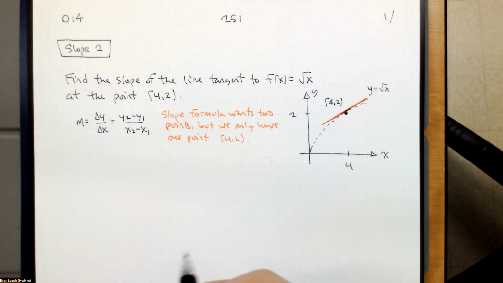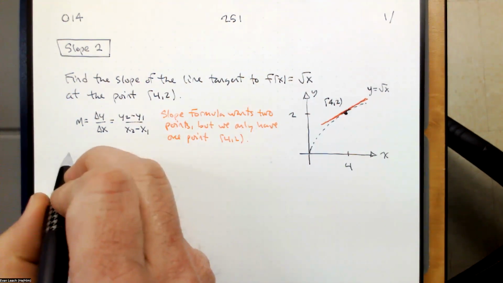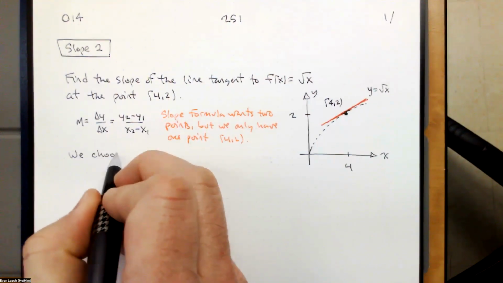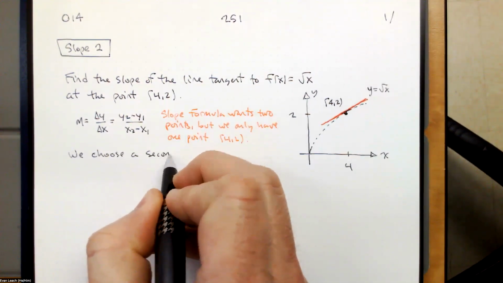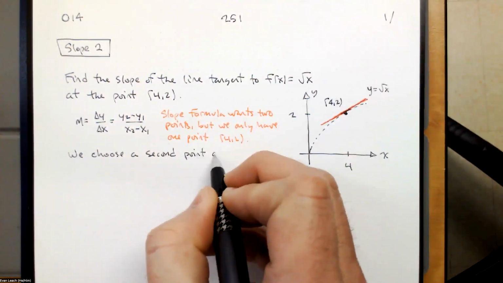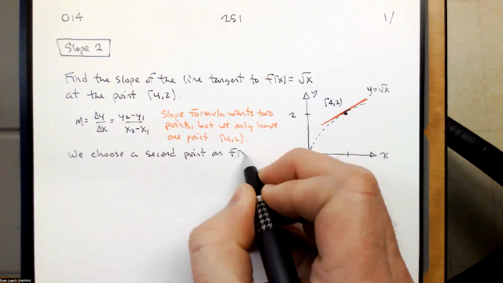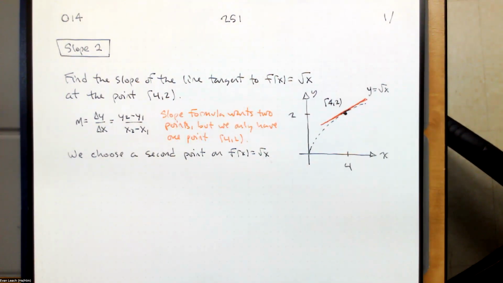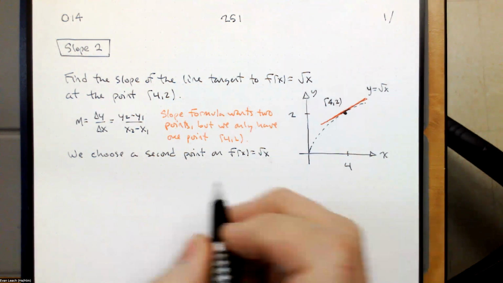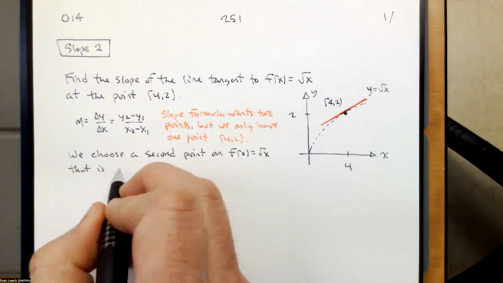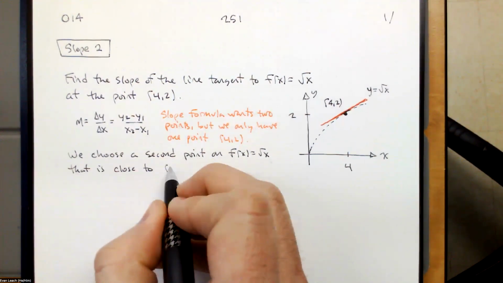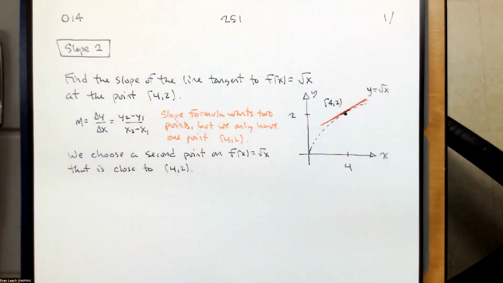So yesterday, when I said we're going to calculate the slope, we're going to choose a second point on f of x equals square root of x that is nearby, a little further away, but close to (4, 2).